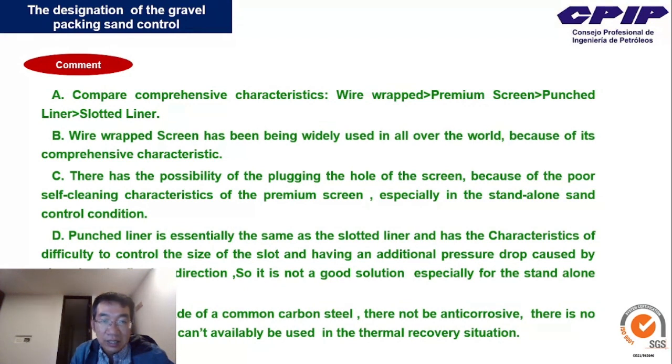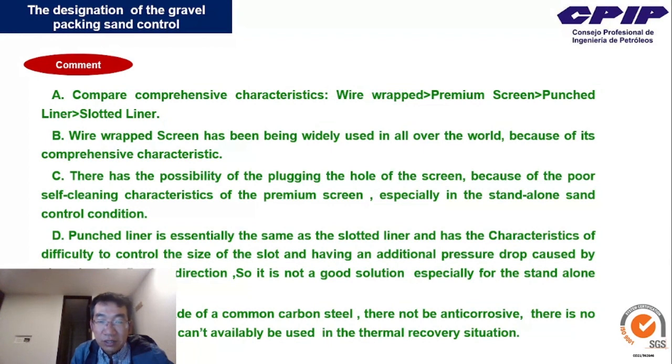Punched liner is essentially the same as the slotted liner and it is difficult to control the size of the slot, and it has an additional pressure drop caused by the changing of the flowing direction.